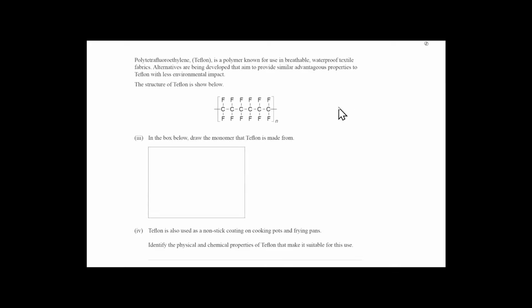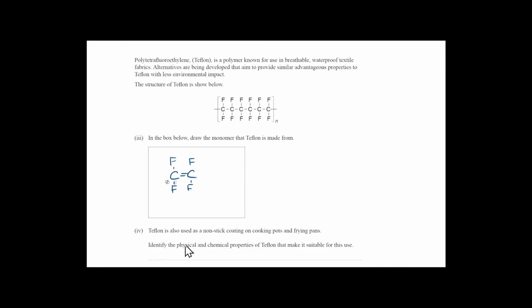In the box below, draw the monomer that Teflon is made from. Well, it's already a polymer, so the monomer is going to be CF2=CF2. It's going to have a double bond, and when it's polymerized, it's going to lose that and become a single bond.